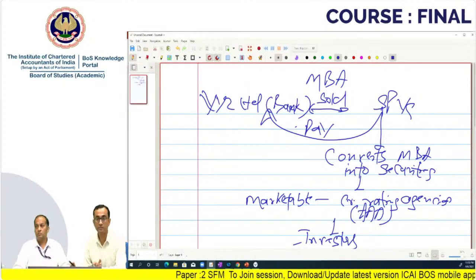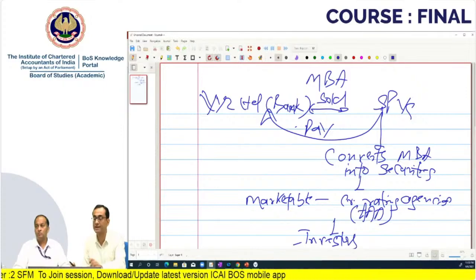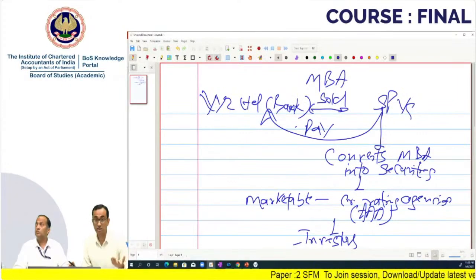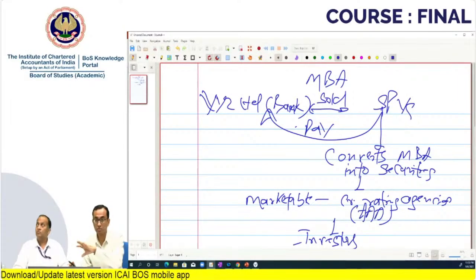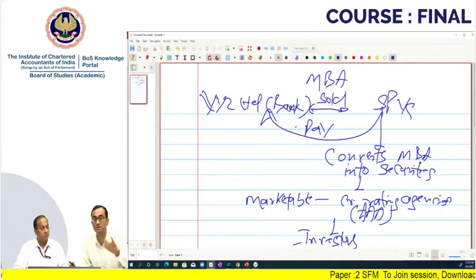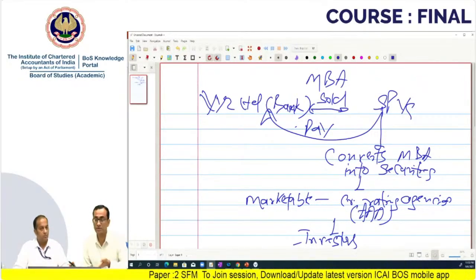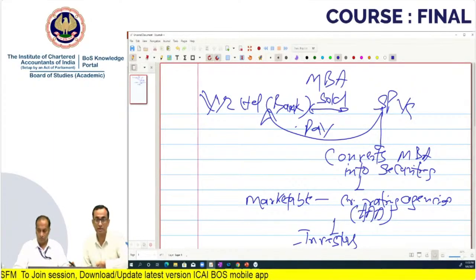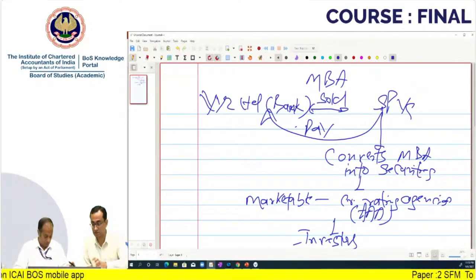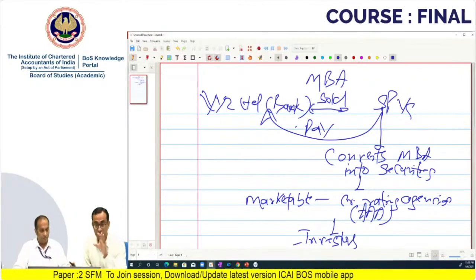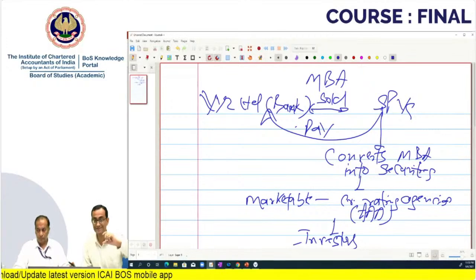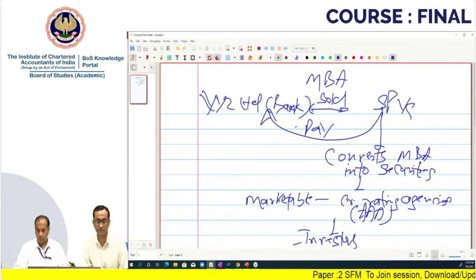So what is the benefit of this securitization? The XYZ bank, which is in need of money and has huge illiquid mortgage-based assets, sells those assets to the SPV, gets the cash, and continues its core lending business. The SPV then converts those illiquid assets into marketable securities and issues them to the investors. Investors get good securities and a diversified portfolio, because these mortgage-based assets relate to different types of sectors.